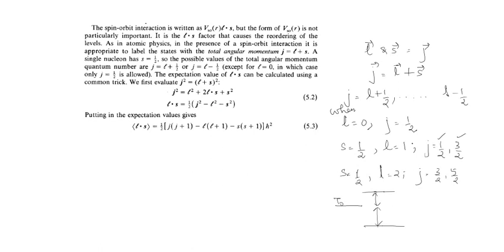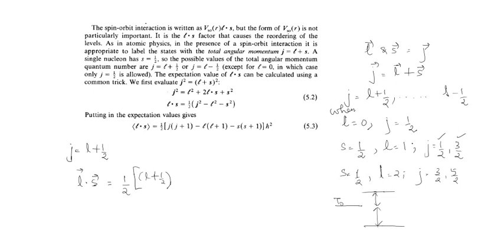So I would like to know, for J equal to L plus half, what would be my L dot S? Because L dot S tells me where my level goes from the term center. So I am going to evaluate L dot S. In the case of L plus half, instead of J I put in L plus half.